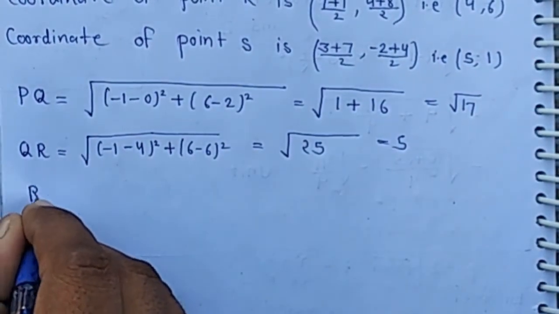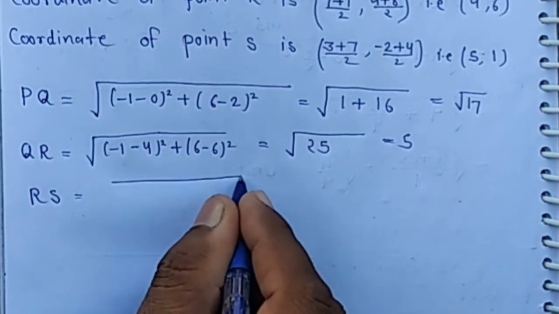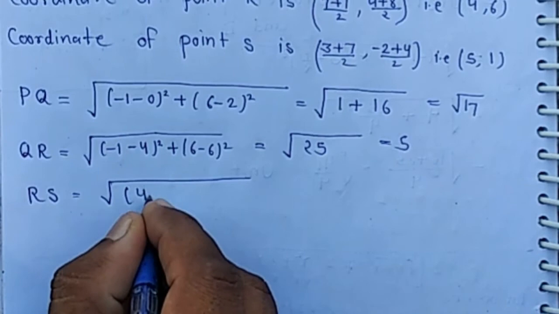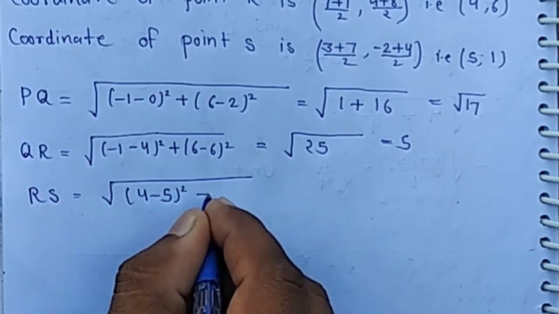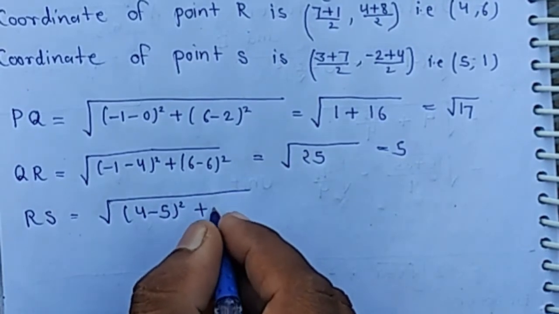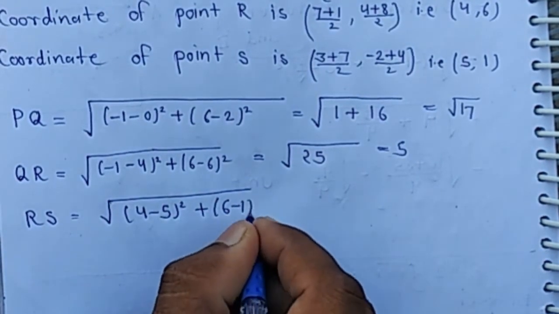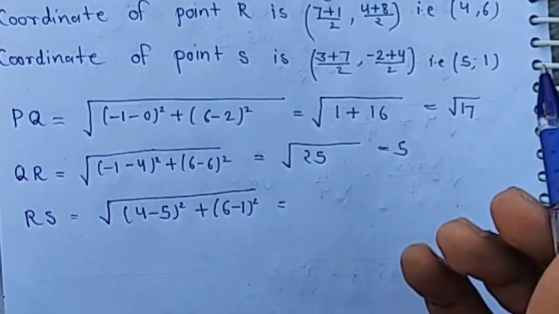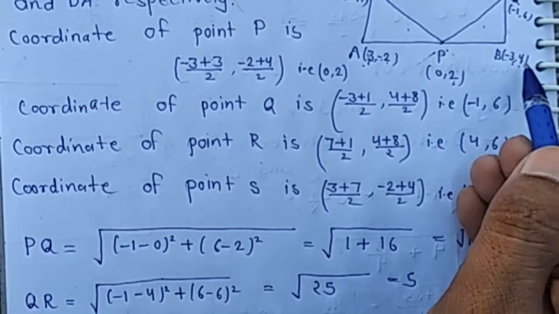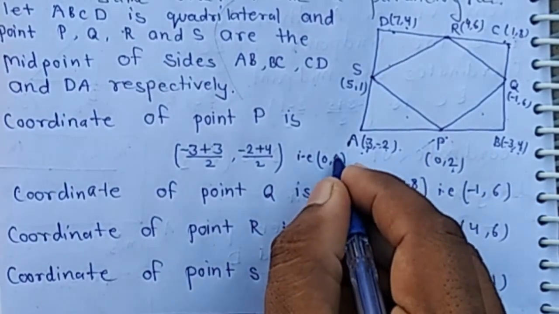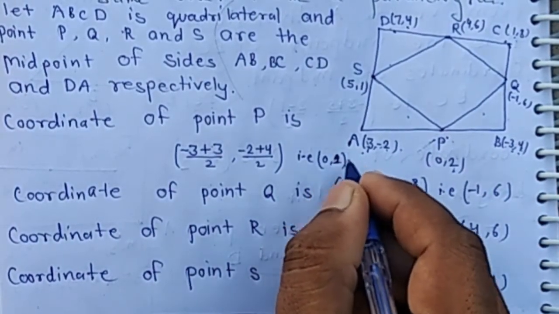RS is (4 minus 5) square plus (6 minus 1) square. Sorry, it is 4 minus 2, and this point is (0, 1)... This point is (0, 1).